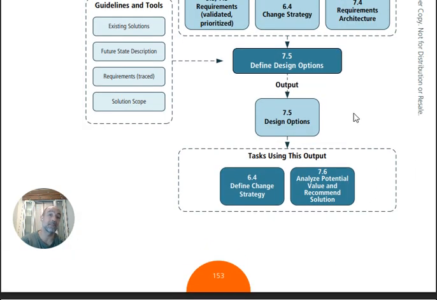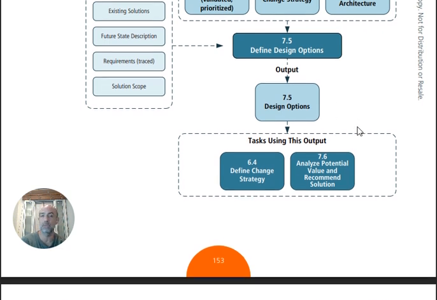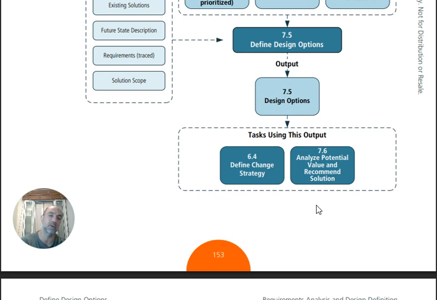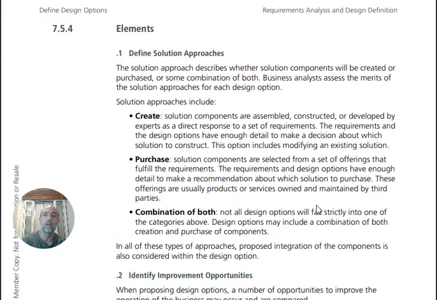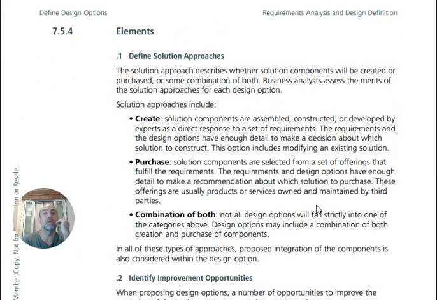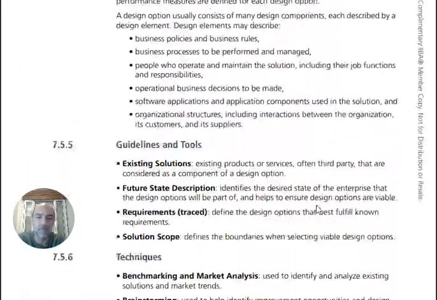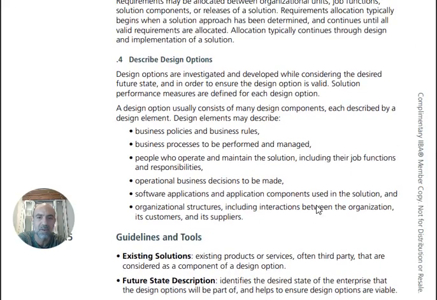The output we get after defining design options is the design options, and we use that to define the change strategy and to analyze potential value and recommend solutions. Amazing. What are the elements to define? Well, the elements, I think 1, 2, 3, with 4 or 5 maybe, should be maximum 4 elements here.